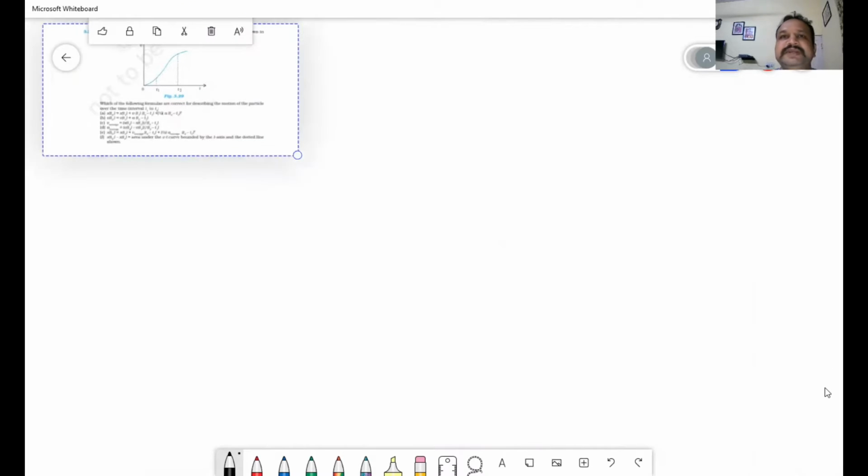Now first we need to understand what the velocity time graph is and what is given to us. So if I have a velocity time graph like this way, the first thing is area.